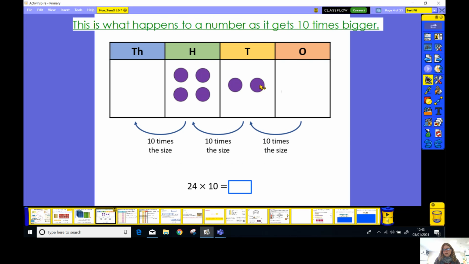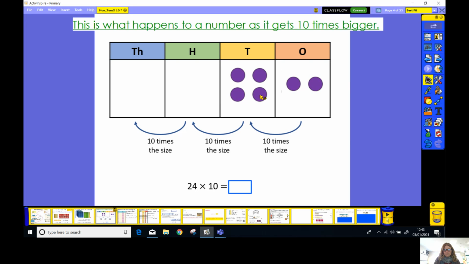I can see this on a place value chart. I'm going to make a number now. I've made this number: 4 10s and 2 1s. I've made 42. I'm going to take 42 and multiply it by 10. When I do that, my numbers literally move 1 place to the left as I multiply by 10 on my place value chart.